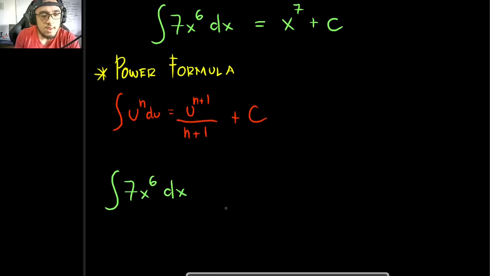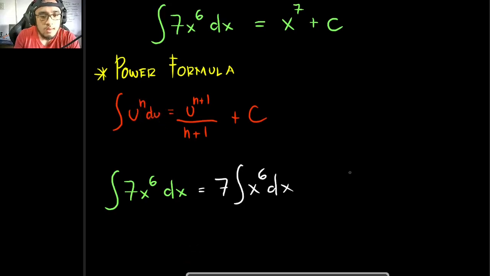So the first thing that I would be doing is separating this coefficient right here and moving it to the other side of the integral symbol, just for me not to be confused. So this is to be equal to 7 times the integral of x raised to 6 dx. And as you can see here, this is to be the equation that we would be needing, and this is to be u, this is to be n, and this is to be du.